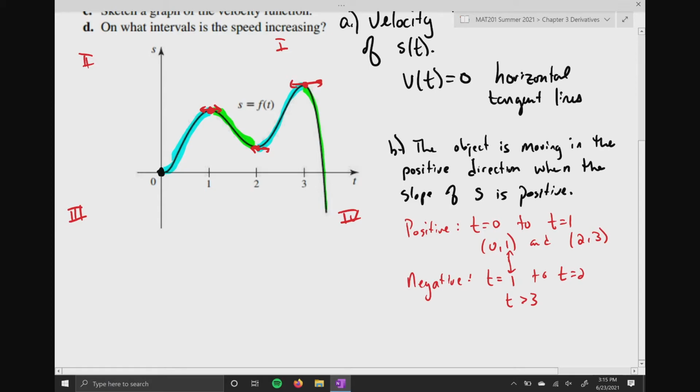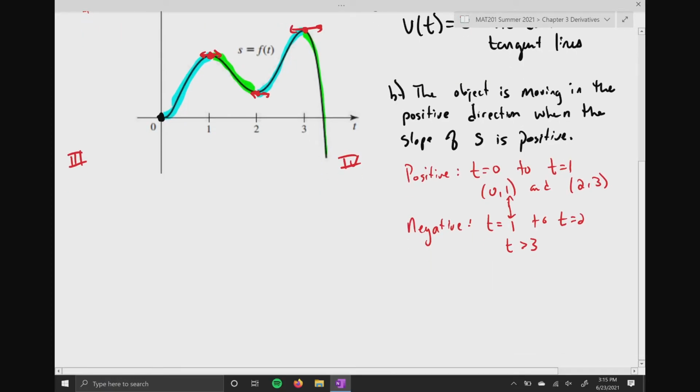Number two, at t equals 1, we have a horizontal tangent. So at 1, 2, and 3, the slope of this object is neither increasing nor decreasing. For that instantaneous moment in time, it is equal to 0. It is not moving in the positive nor the negative direction. So make sure that when you're writing these intervals, you're using parentheses and not brackets.